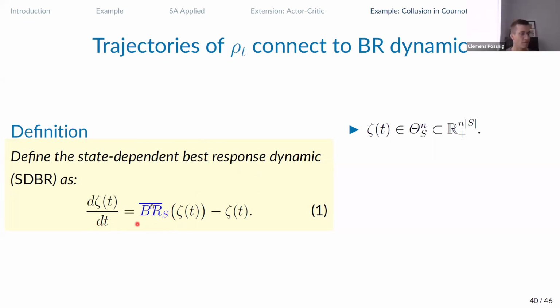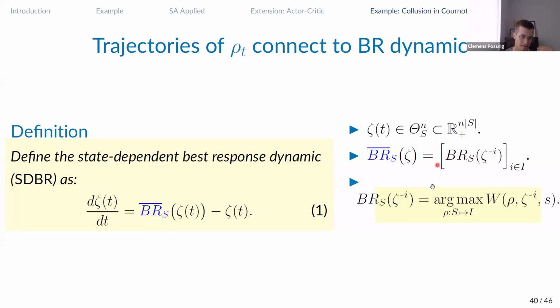BR bar of s is the stacked best response function given a state variable, stacked over individuals again. And BR^i(s) for each agent is just the optimal policy among Markov policies if the objective is expected future discounted profits.